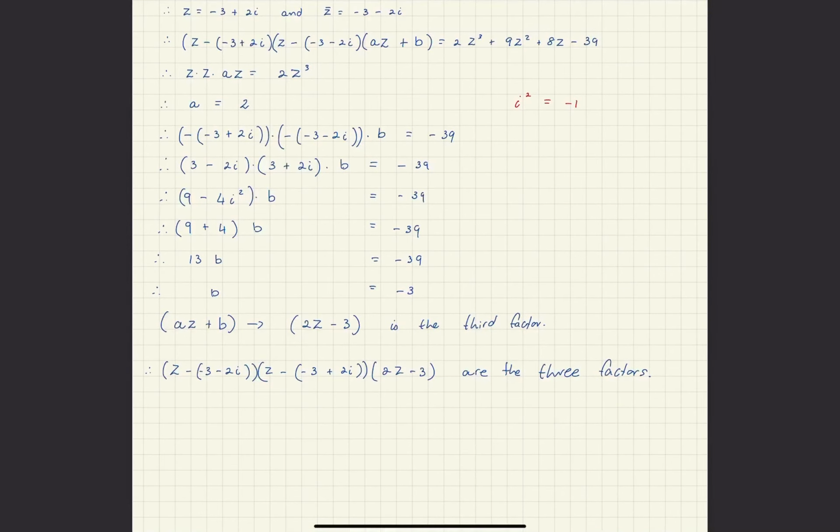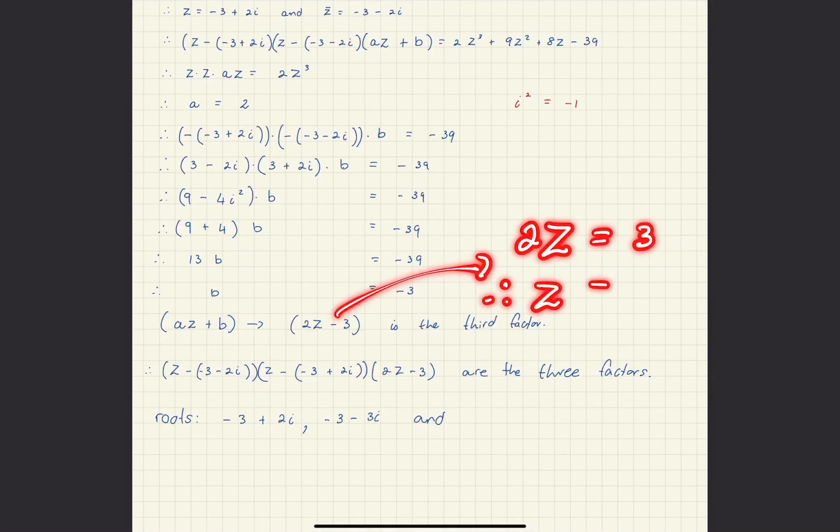So the roots would be negative 3 plus 2i, negative 3 minus 2i, and for the last one, think about this one here, we're saying basically that 2z equals 3, therefore z equals 3 on 2.